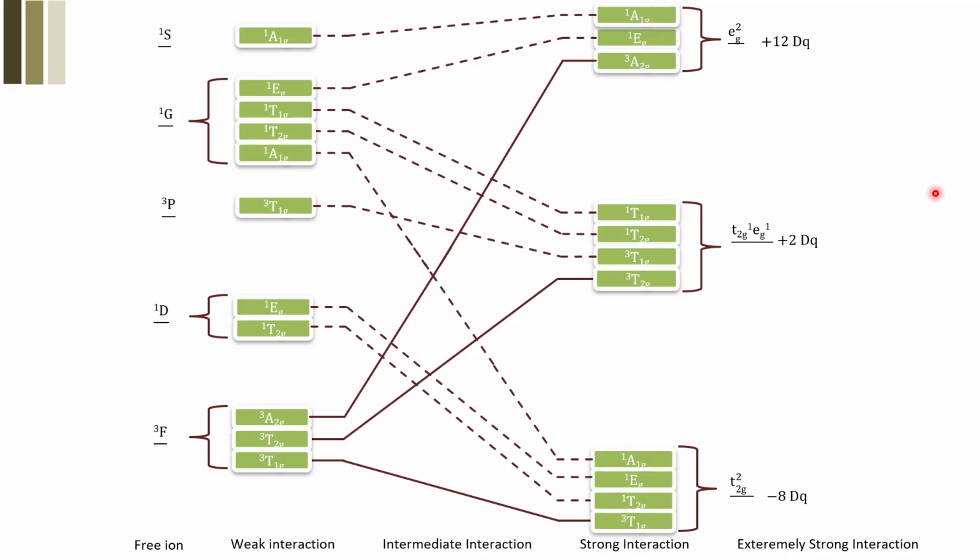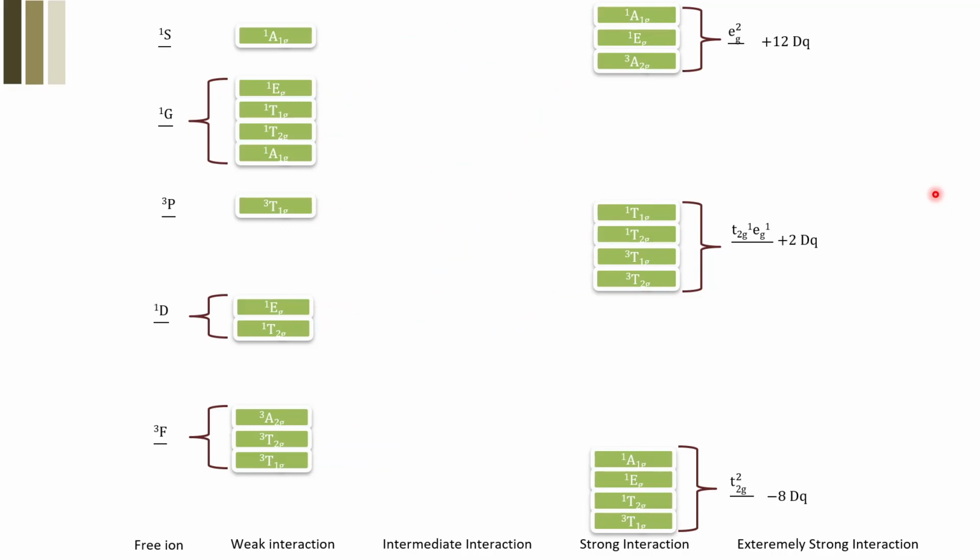Fine. Next, we are left to correlate the things. How do we correlate? If you start from the 3F term, the ground state term, to the extreme right, we are left with the option to join 3T1g with 3T1g, since the same symmetry and same multiplicities are preserved; here is 3T1g and 3T1g is also here. There is another option that the 3T1g from this point may connect with the other 3T1g.